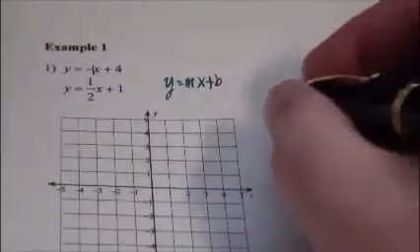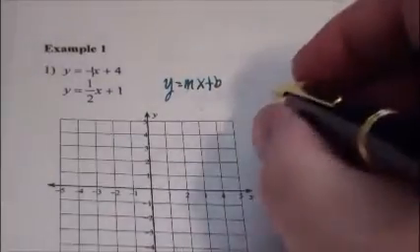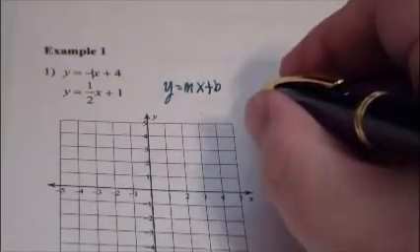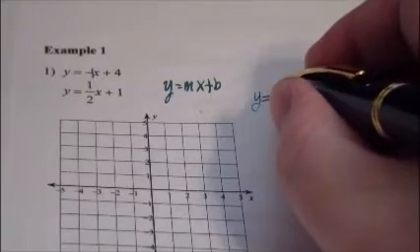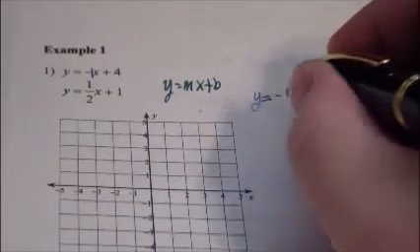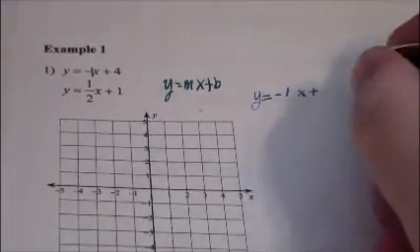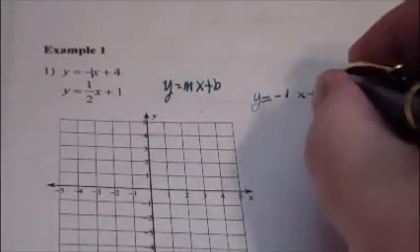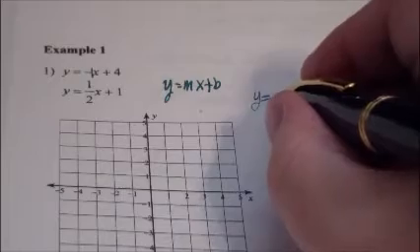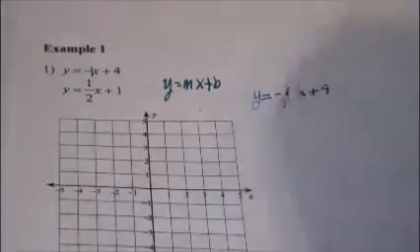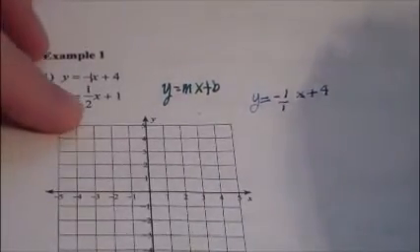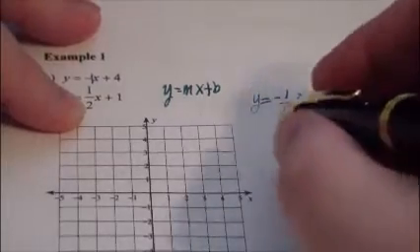Okay, so this is what we have. We have two equations, and you know what? If you want, you may as well just rewrite it. y is equal to negative 1x plus 4. Now let's turn this into a fraction. Whenever we have a whole number, we can just drop a 1 underneath it, and that turns into a fraction.